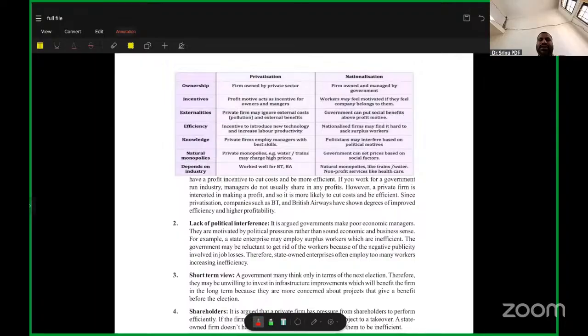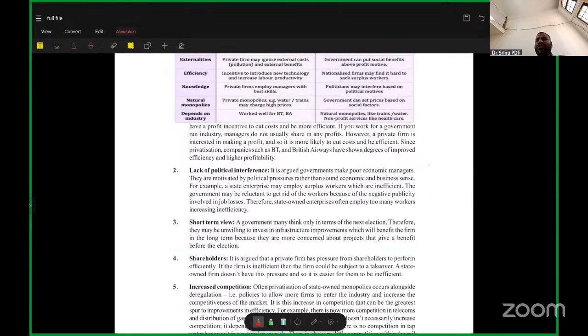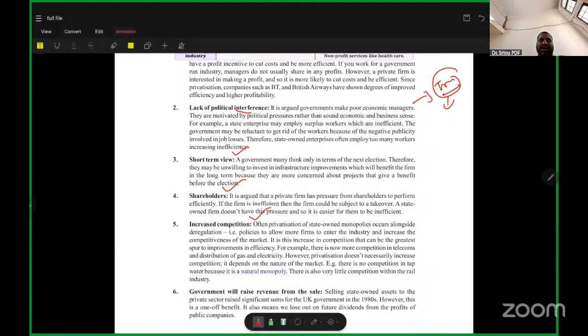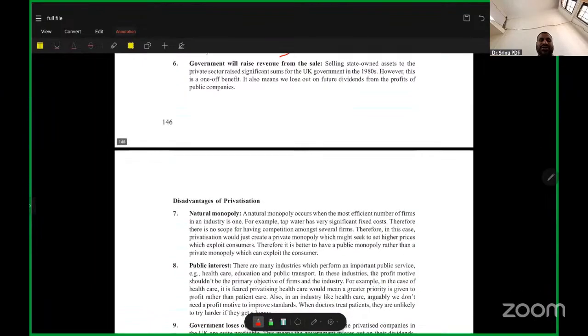The lack of political interference: if you transfer to the private sector, automatically they can operate the enterprises. So automatically there is a lack of political interference, with short-term views. Shareholders will increase the competition, and government will raise revenue from the sale of the units.